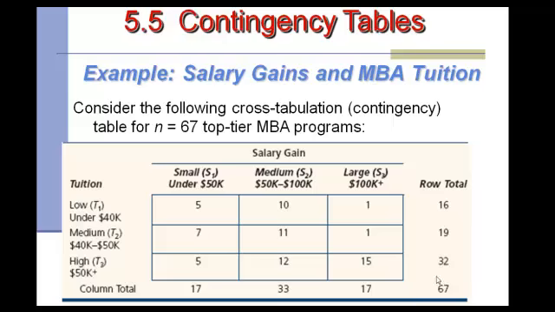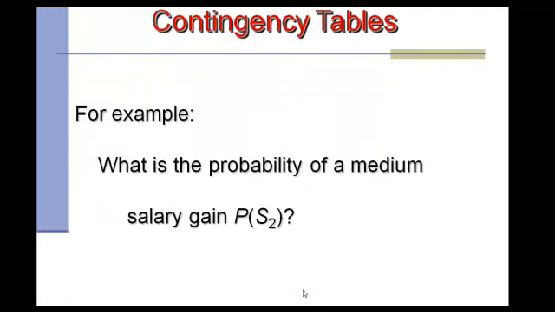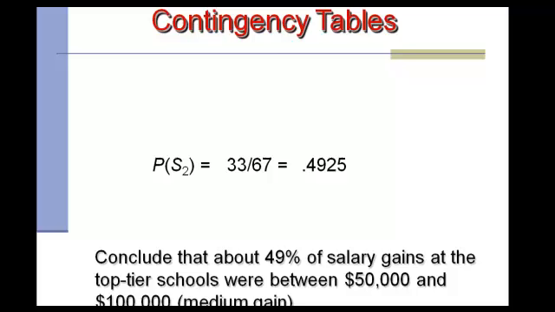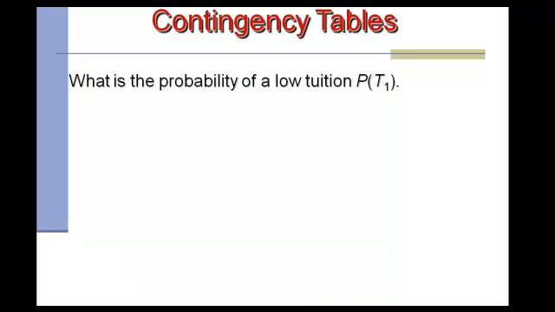So 33 graduates out of 67 had a medium salary gain, which would be 0.4925, or 49.25% of the graduates. So you could also state that about 49% of the salary gains at the top tier schools were between $50,000 and $100,000. That was the medium gain category.